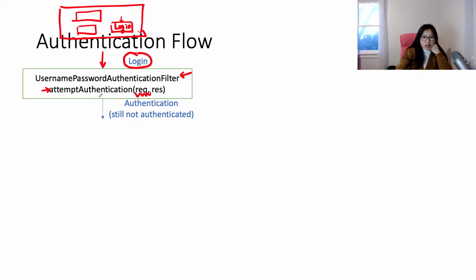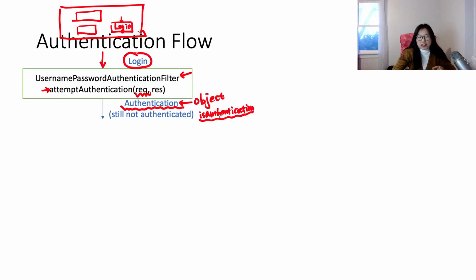So this attemptAuthentication will come out with an Authentication object. This Authentication object will encapsulate the username, password, and things like principals, details, authorities, and it will also have a field called isAuthenticated. Yes, if I remember correctly. I will show you later, this is a Boolean field.